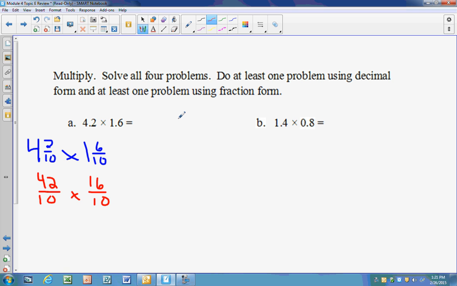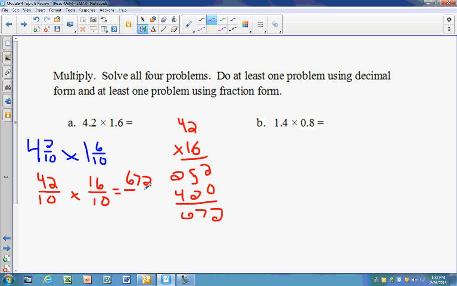And it might be easier on the side to multiply 42 times 16 to help myself out. So I end up with 672 over 100. I can convert that into decimal form. 672 hundredths, because this is the hundredths place.